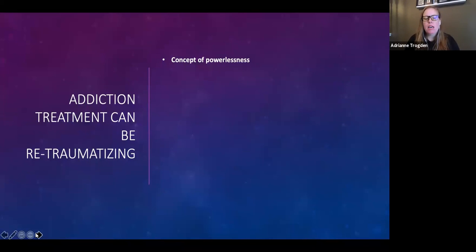And with somebody that has a trauma history, the concept of powerlessness is also an element of their potential issues with the trauma that they experienced, that they didn't have the power, particularly if they were a child when something happened, that there's nothing they could do about that situation.